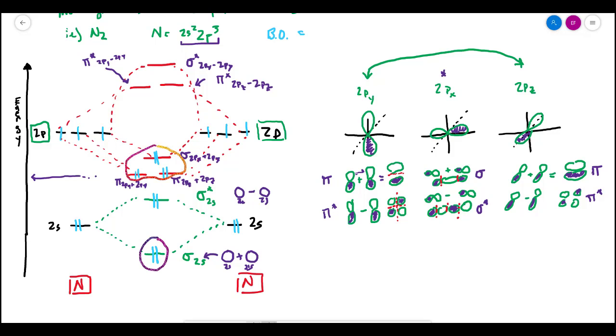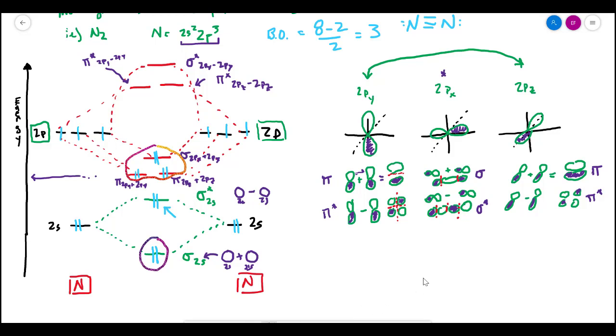So that gives us a total of 8 in the bonding state, and then only 2 right here are in this sigma star anti-bonding. So this is going to give us a bond order of 3, which, if you remember the Lewis structure for nitrogen, it was exactly that. It had 3 bonds. And so it gives us a pretty good representation of this molecule.